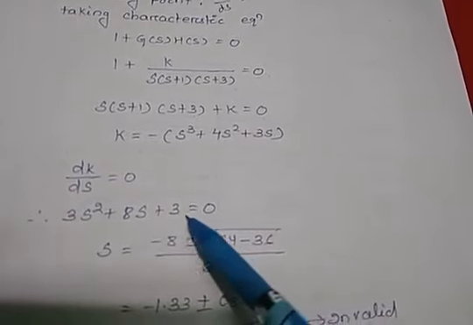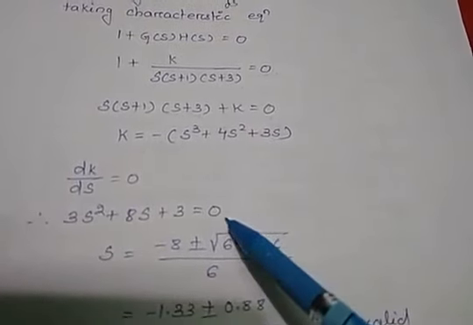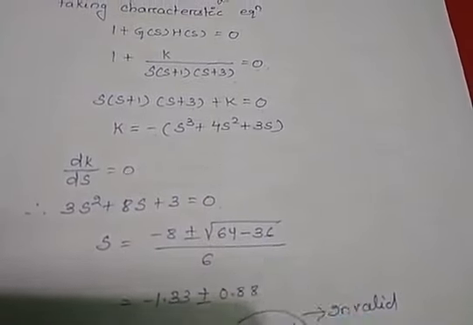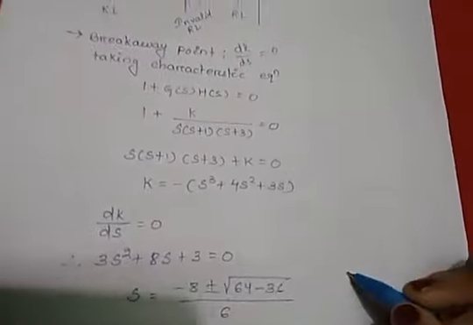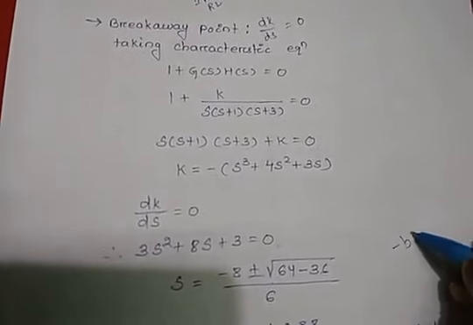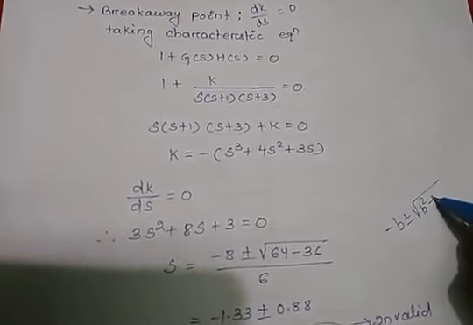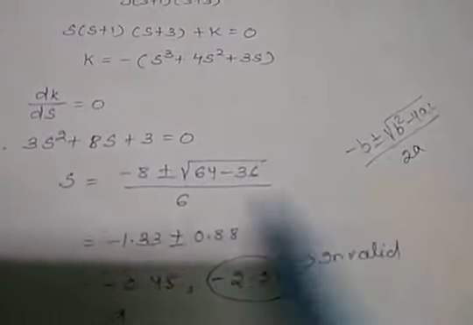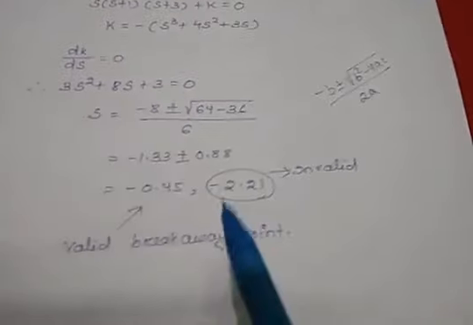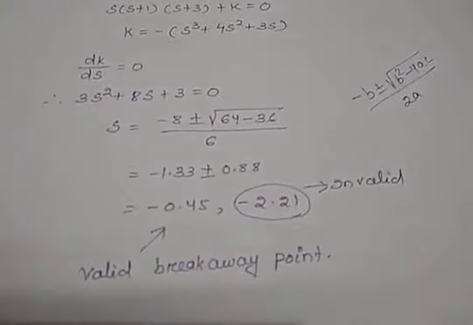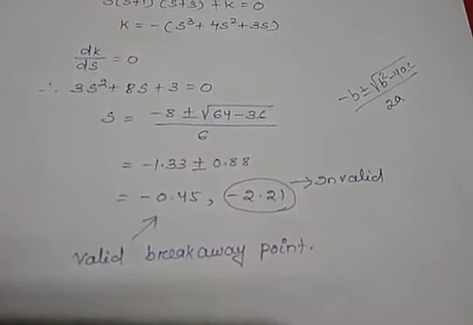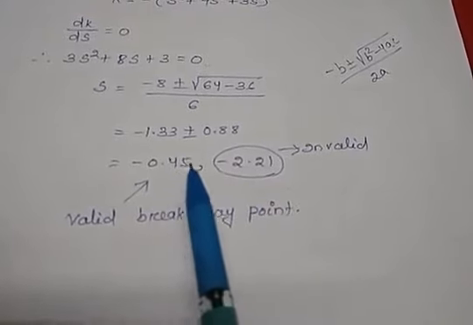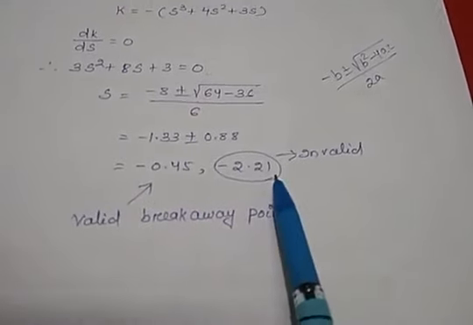It is a quadratic equation, and in this quadratic equation we can find the roots by using the formula minus b plus or minus square root of b square minus 4ac by 2a. By putting this in the formula, we can find the roots, or you can check with the help of your calculator. Here we get 2 points, that is minus 0.45 and minus 2.21.